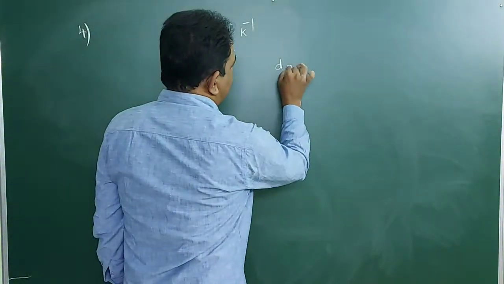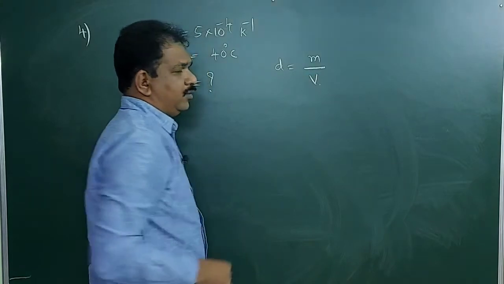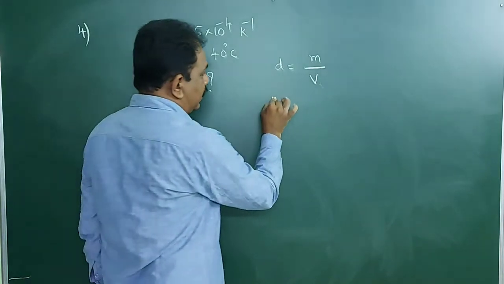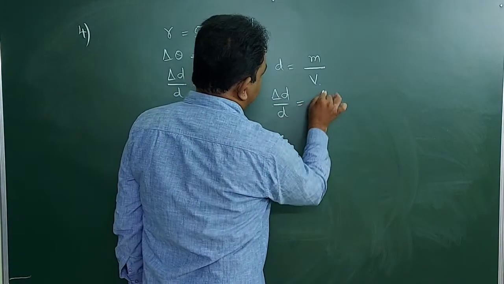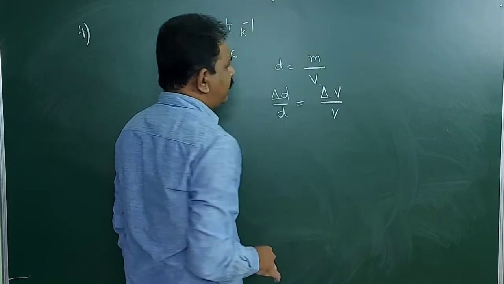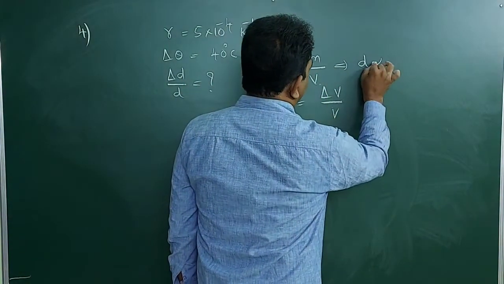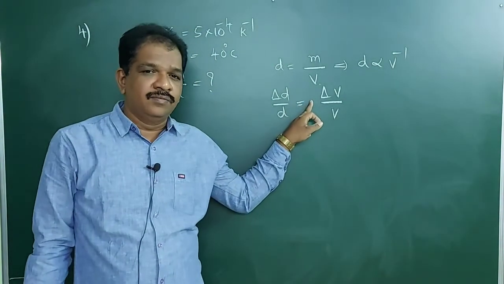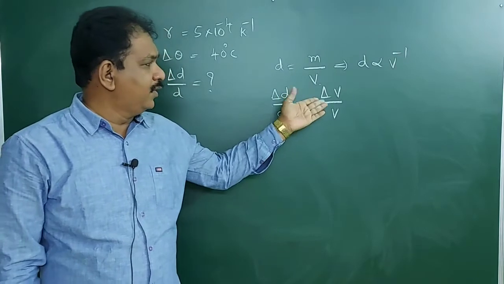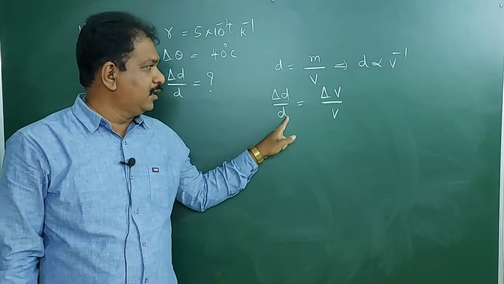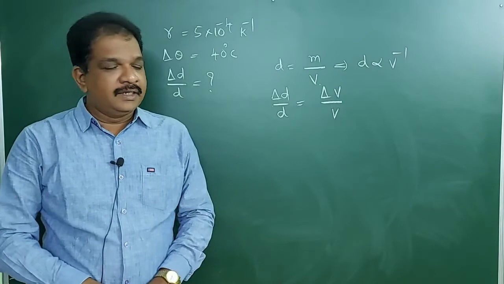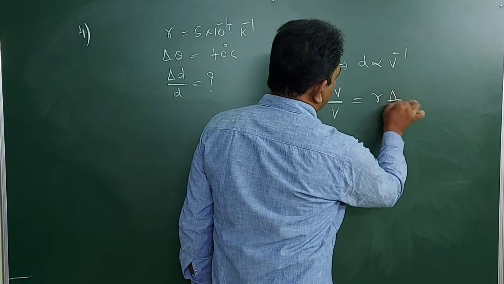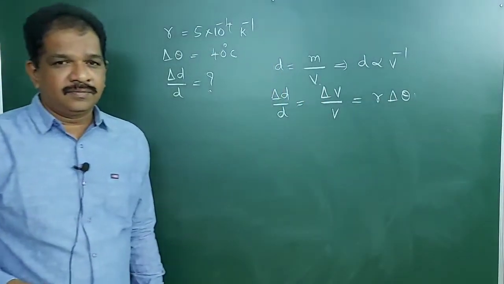So density is equal to mass by volume. Mass constant, it won't change. So delta D by D is equal to delta V by V, because D is proportional to V power minus 1. Here minus will come, but if we consider magnitude only, no need to take it: delta d by d is equal to delta v by v. Delta v by v is equal to gamma delta theta.